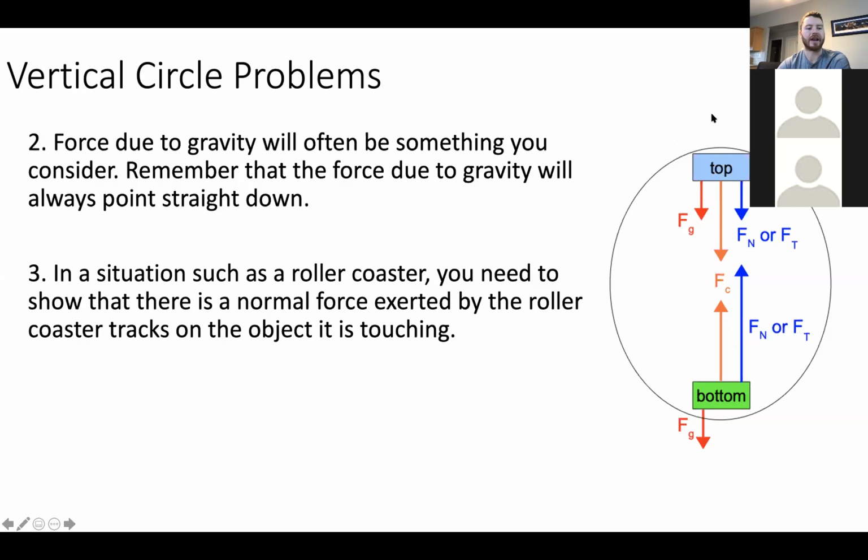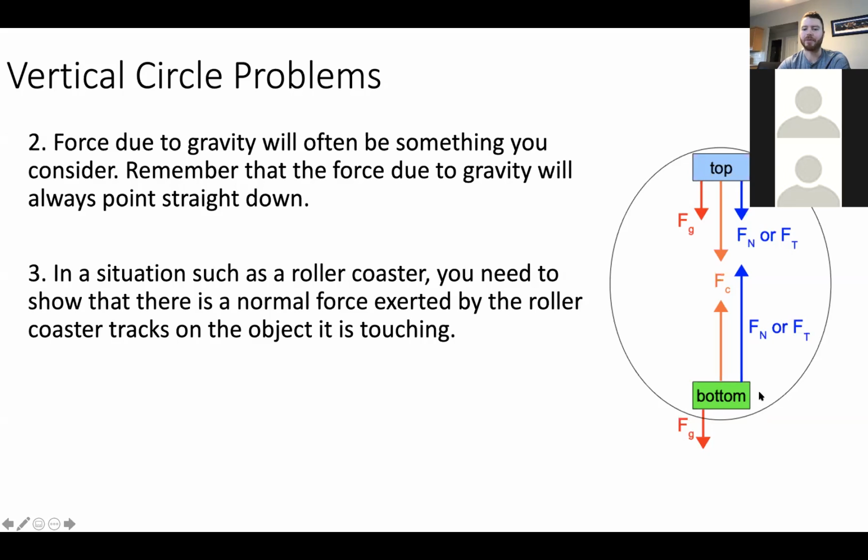Third consideration, in a situation such as a roller coaster, you need to show that there's a normal force exerted by the roller coaster tracks on the object it is touching. Okay, so at the top, it might be a little hard to conceptualize that the normal force is going to be pointing down. But think about it at the bottom, right?